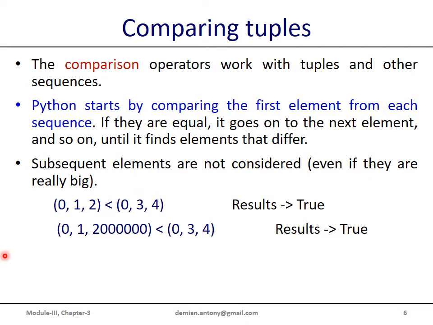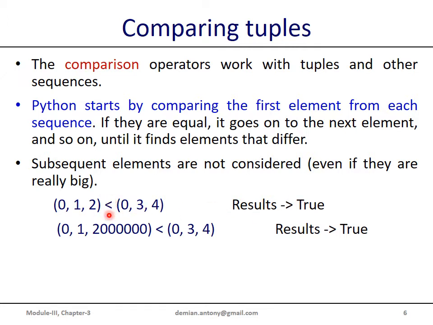Let's take up an example. We have two tuples here: the first tuple with 0, 1, 2 and the second tuple 0, 3, 4, and this is a relational expression. We use a comparison operator. This results in the value true because the element 0 is compared with 0. Yes, equal. Since it is equal, the second element is compared with the second element, and now the values differ. 1 is less than 3.